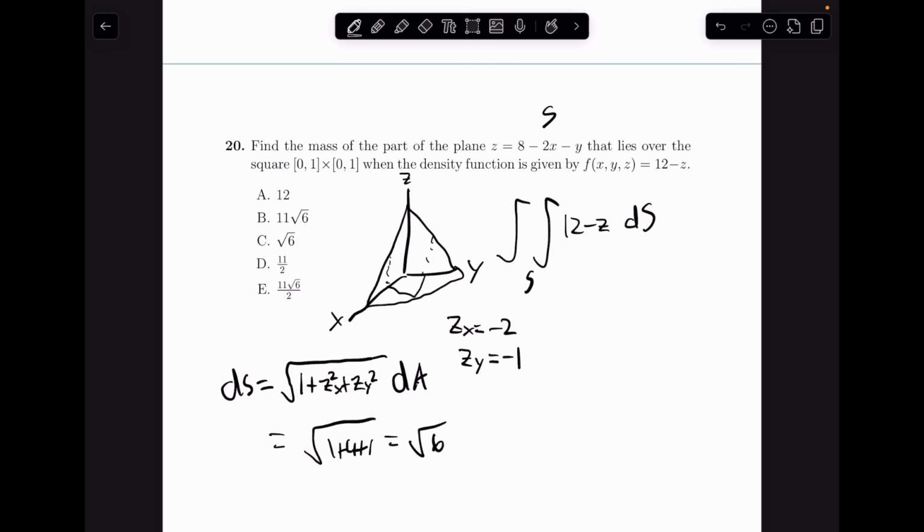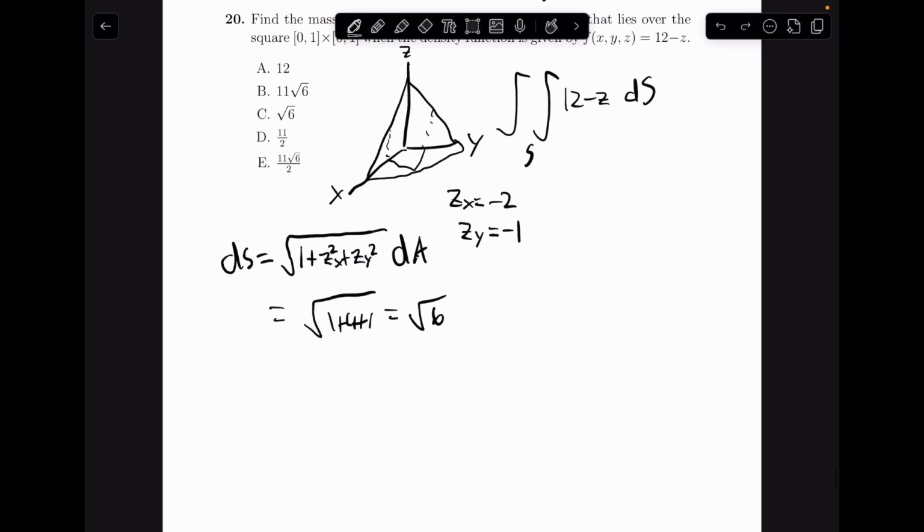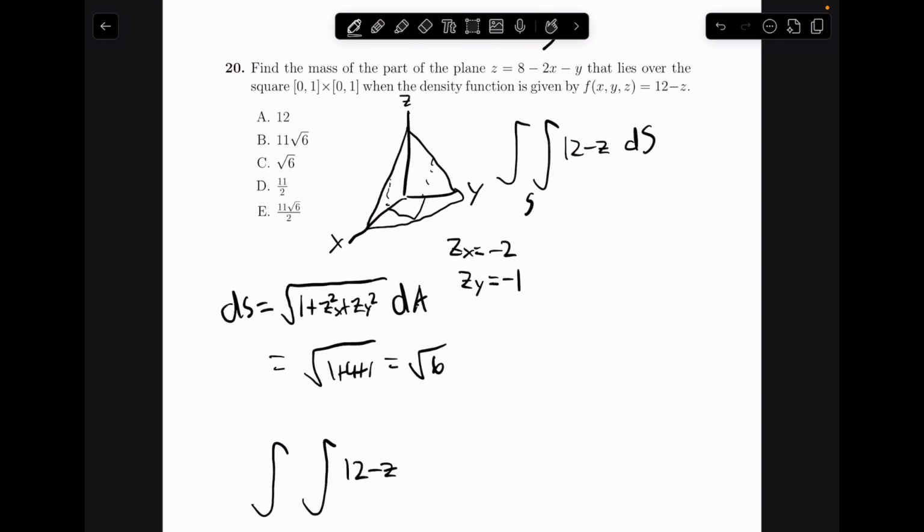And I'm already liking that because we're seeing some square root 6 action in the answers. So that's cool. Okay, so now we can rewrite our integral in dA land. So we have 12 minus z dA, but remember we have to multiply by the square root 6.